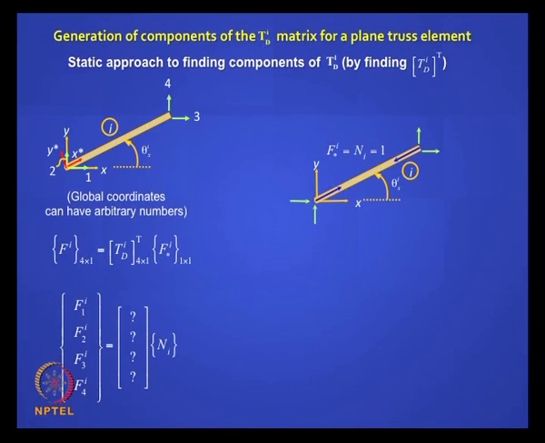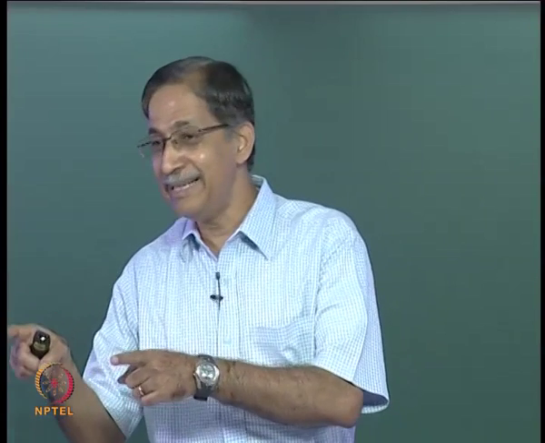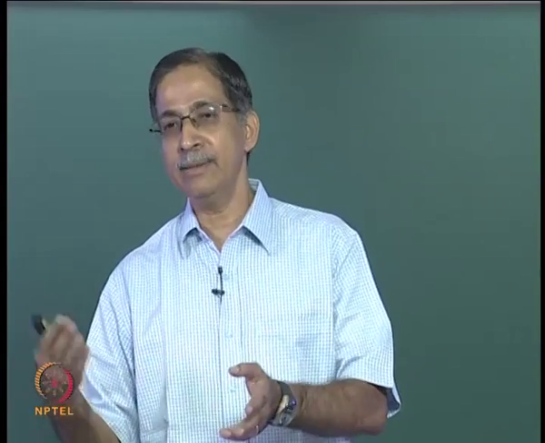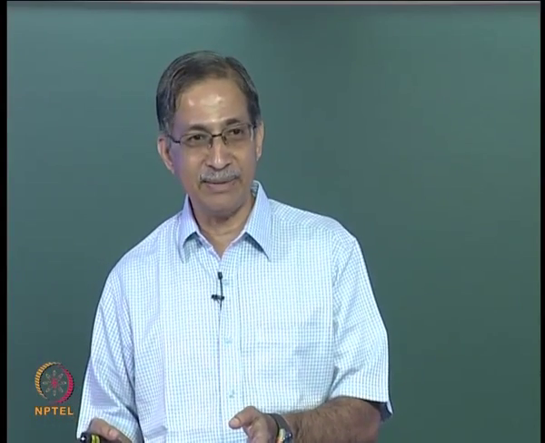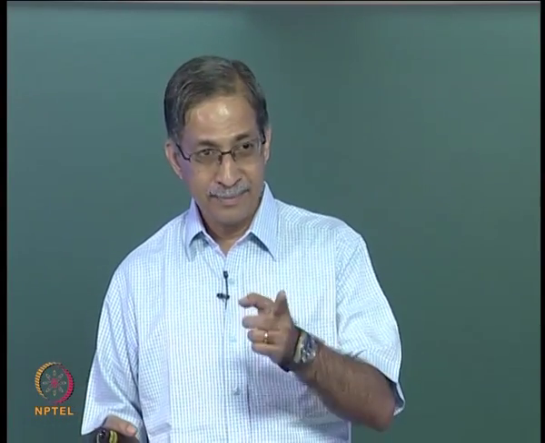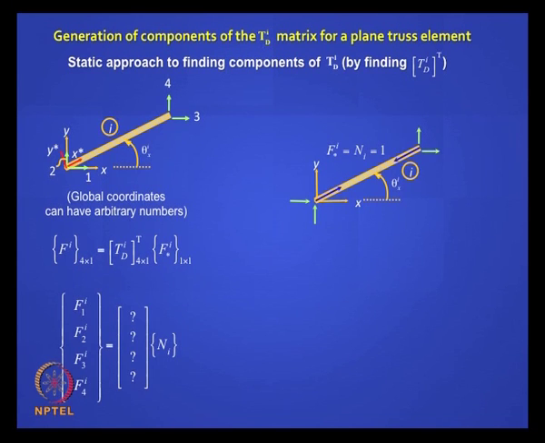Okay. Remember this problem? We wanted to find the TD matrix. Well, if you use statics, you can find the TD transpose matrix. Then you take the transpose of the transpose, you will get the TD matrix, right? So now if I look at this relationship, F star, in this you have four components here, right?